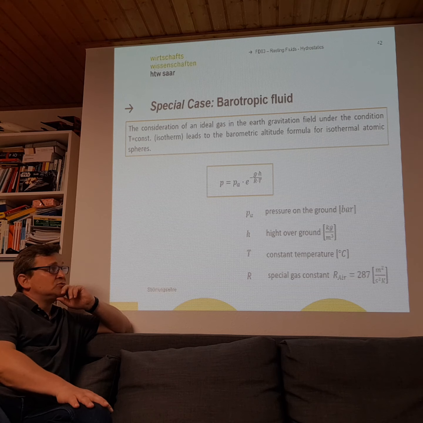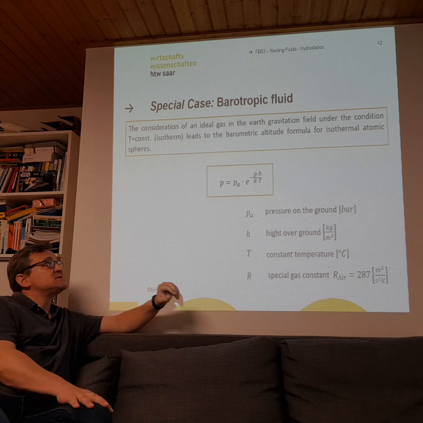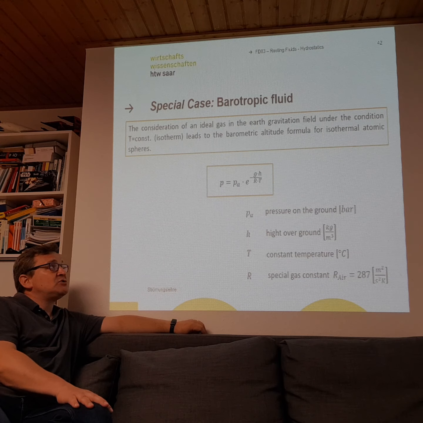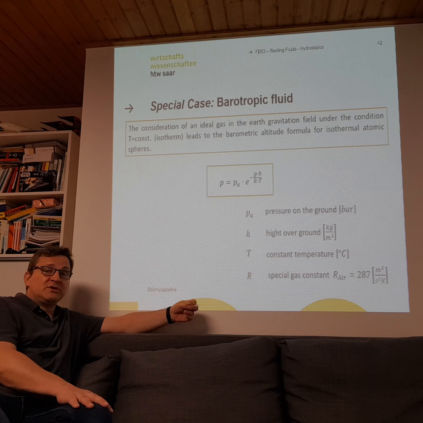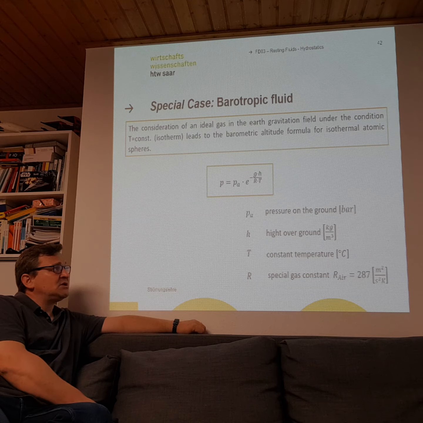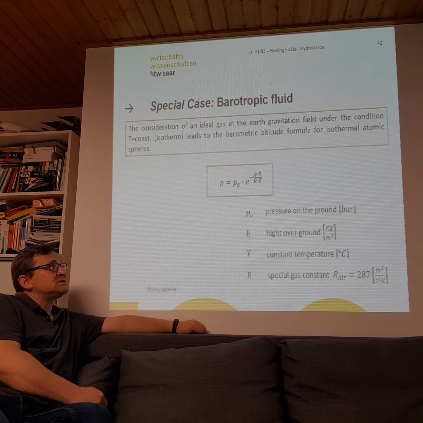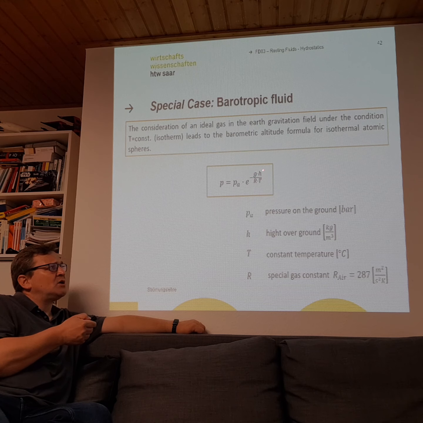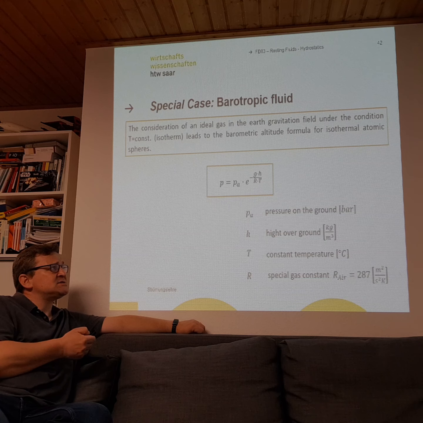but let's come back to aerostatics. In special cases you also have barotropic fluids, and barotropic fluids are also a bit more complicated. I just give you a formula, don't want to explain too much, but if you look closely at this exponential form, you can imagine it has something to do with the ideal gas law.